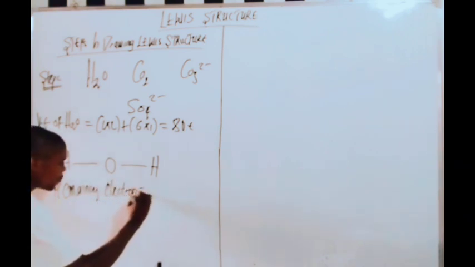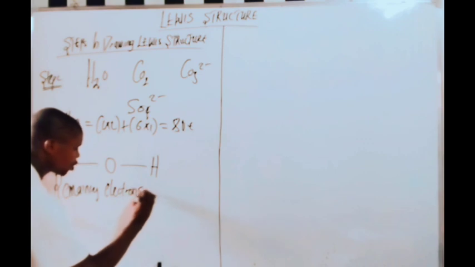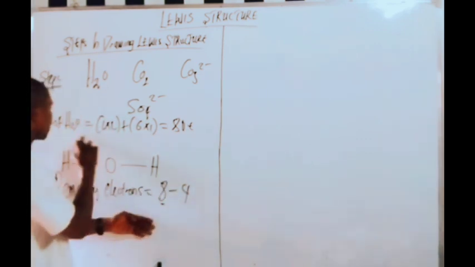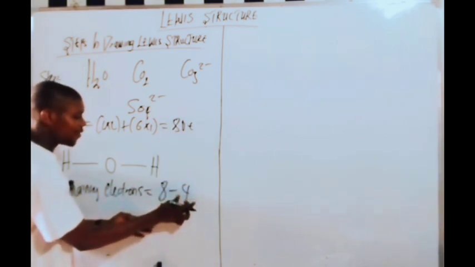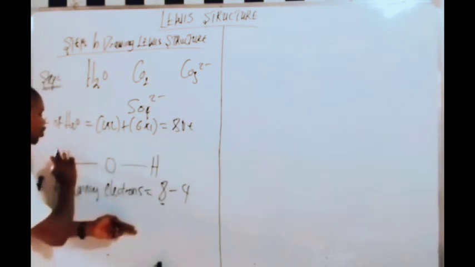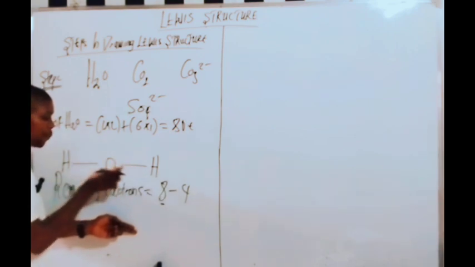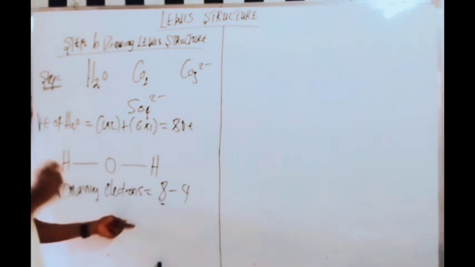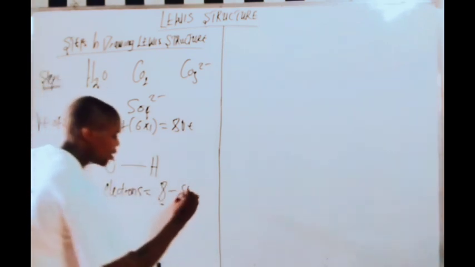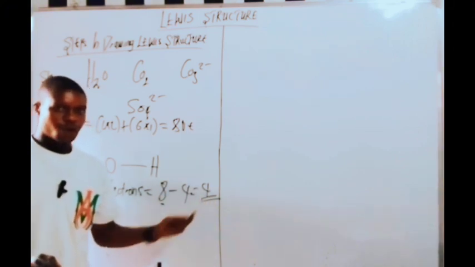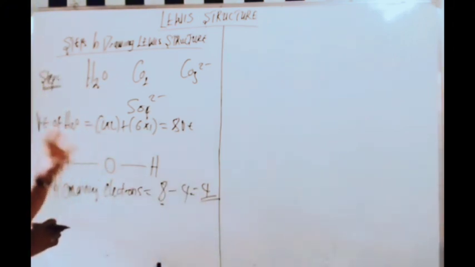My remaining electron is going to be 8 minus 4. How do I get the 8? It's the total valence electron. How do I get the 4? It's from the bonds: the 2 hydrogens connected to oxygen with a single bond each, 2 electrons each, makes 4. So the number of electrons I have not used is 4. So my remaining electron is 4. Do you understand? This is called the skeleton here.